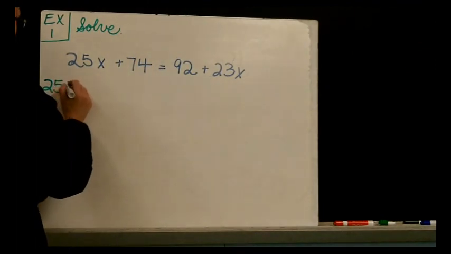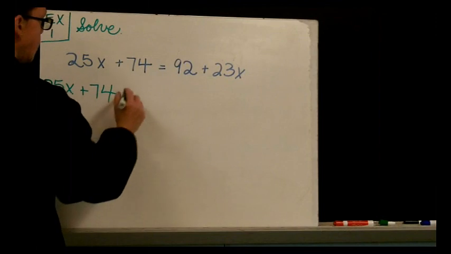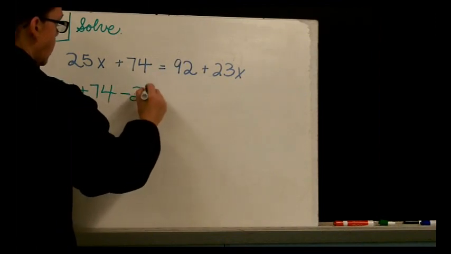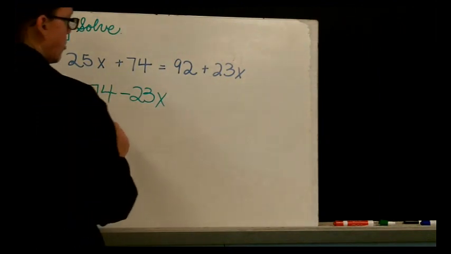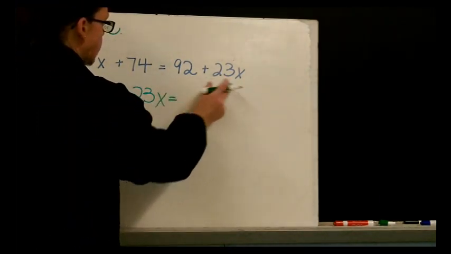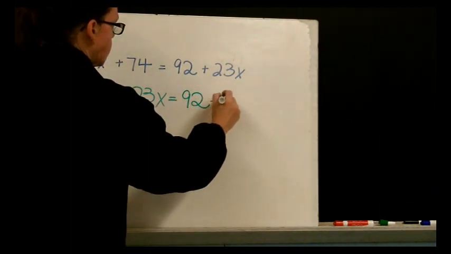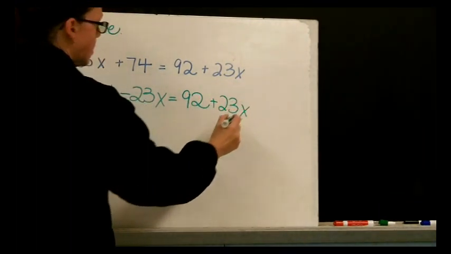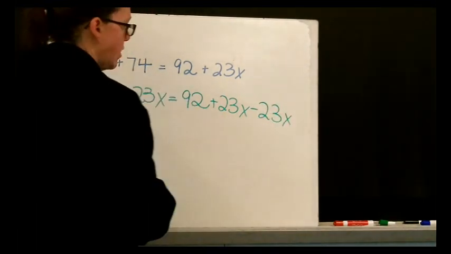So we have already 25x and a positive 74, and we are going to apply, or add on, our negative 23x. Next, I'll write this whole expression as it is, 92 plus 23x, and then I'll put on our negative 23x.